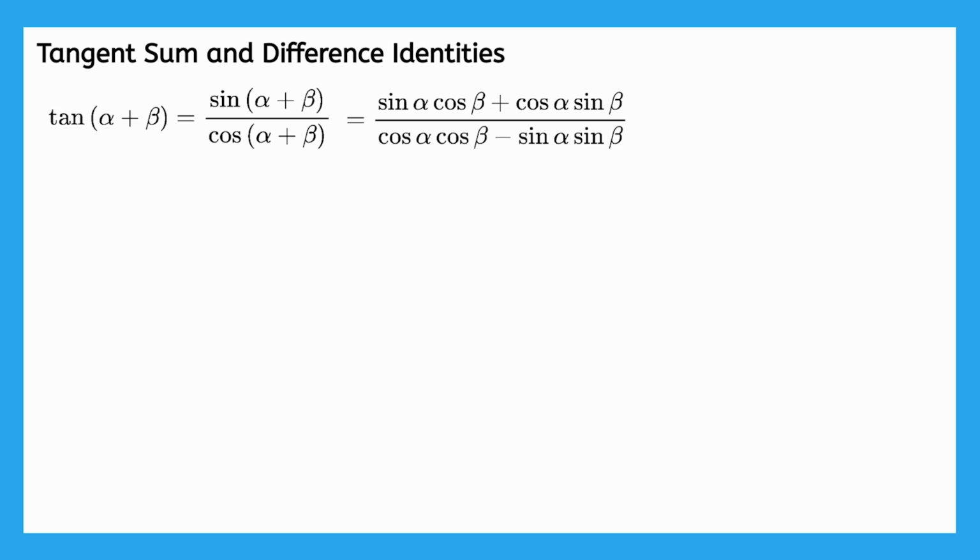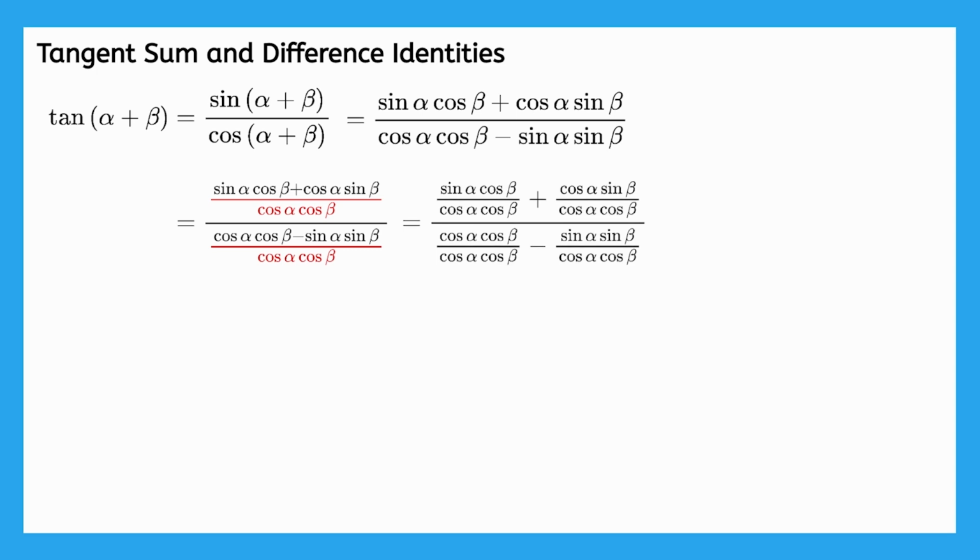Now, our goal will be to simplify this fraction a bit and write it back in terms of tangents, not sines and cosines. To do so, we will divide numerator and denominator by cosine of alpha times cosine of beta, which will divide both terms in the numerator and both terms in the denominator.